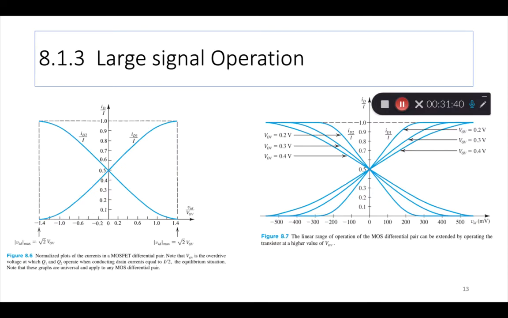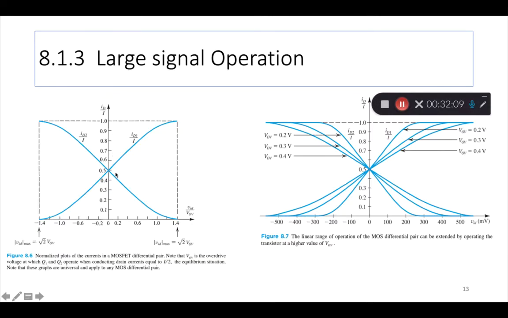Here's a little more on the large signal operation. So these graphs, they are what is called normalized plots of the currents in a MOSFET differential pair. So as you try to understand these, let's look at the center. Here, VID at this middle is 0.